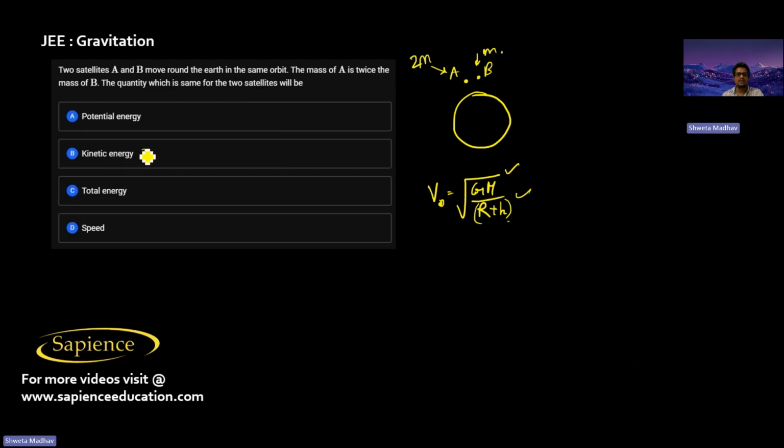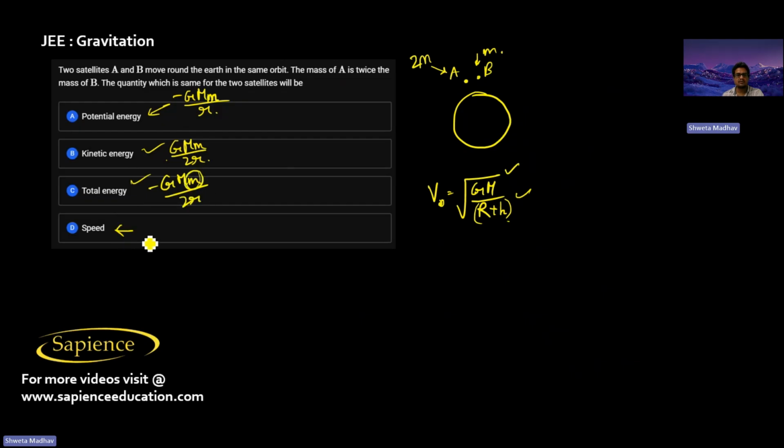Kinetic energy will not be the same, since kinetic energy is GMm by 2r and potential energy is minus GMm by r, so they also depend on the mass of the satellite, and the total energy will be minus GMm by 2r, which also depends on the mass of the satellite.